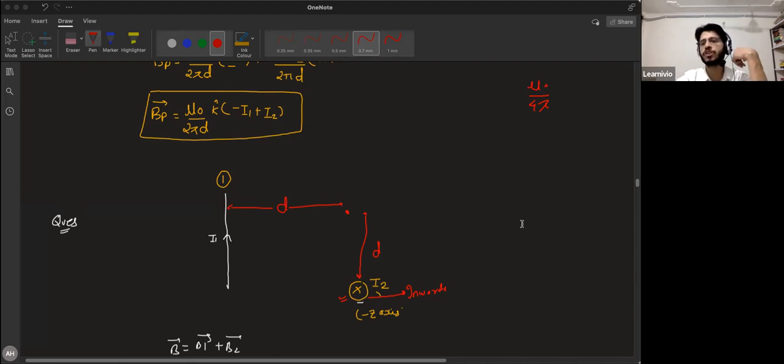Hishma and Minachi, just check the directions due to the magnetic field of conductor 2. Place your thumb in the inverse direction now. Your current is inverse. Check the curvature of your fingers, where your finger is pointing.